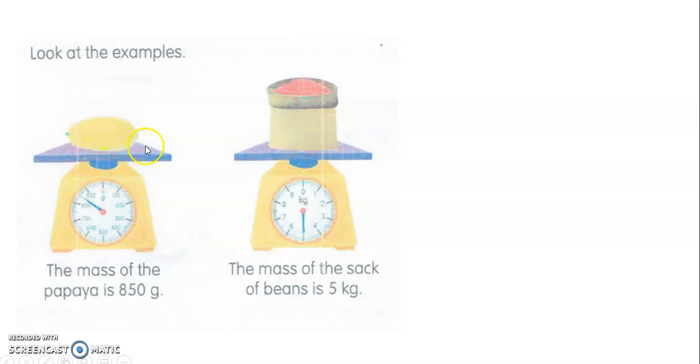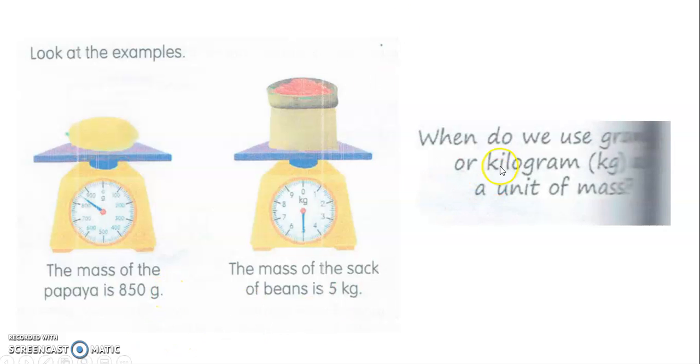Alright, the mass of papaya is measured using the unit gram, and the mass of the sack of beans is measured using the unit kilogram. So we have two different units to measure the mass, which are grams and kilograms. The question is, when do we use grams or kilograms as a unit of mass?